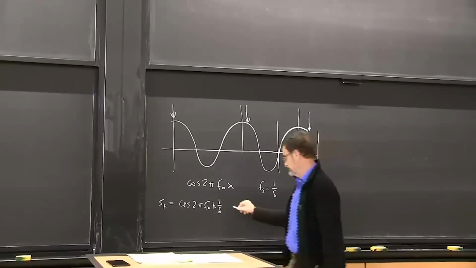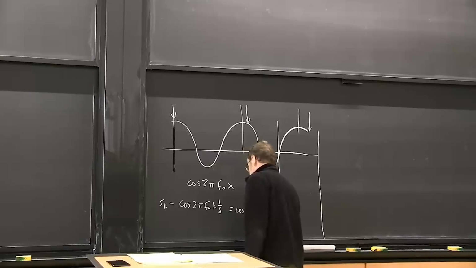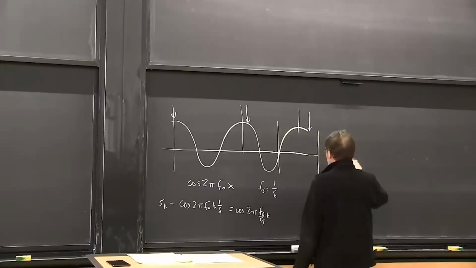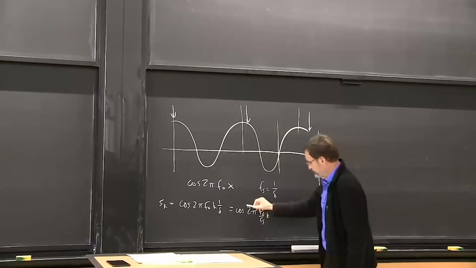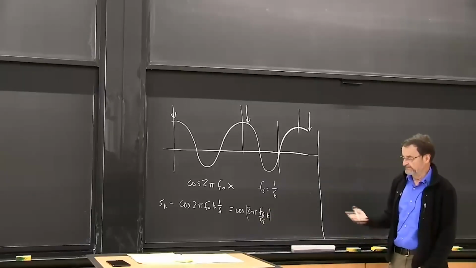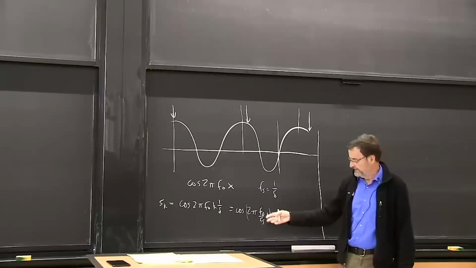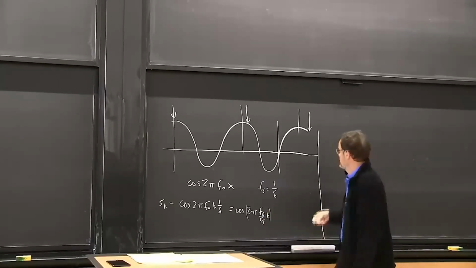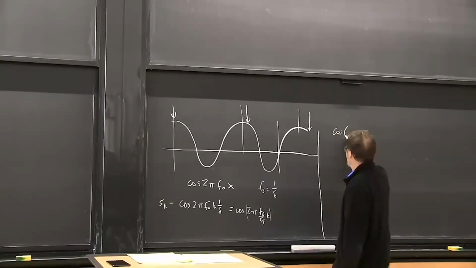And so we can just substitute that. Now if we add 2 pi to the argument, nothing changes, right? In fact, if I add any integer multiple of 2 pi to the argument, I get the same result.